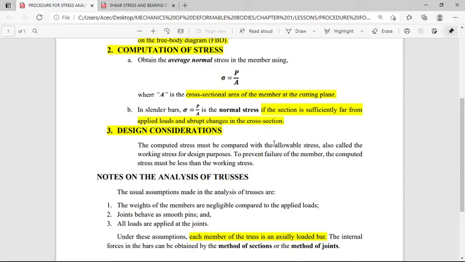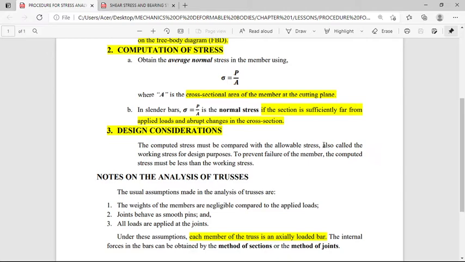Okay, and this allowable stress naman, siya yung stress na ina-allow mo para sa material. Ibig sabihin, siya lang yung amount or yung value ng stress na pwedeng mag-apply or pumasok dun sa material.